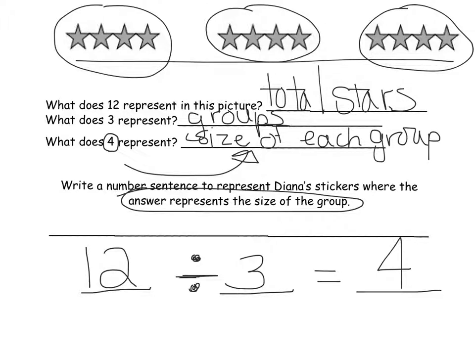There are 12 stars altogether. There are 3 groups, and there are 4 in each group. 4 was my unknown. 4 is the size of each group.